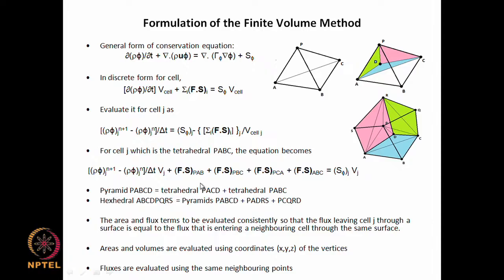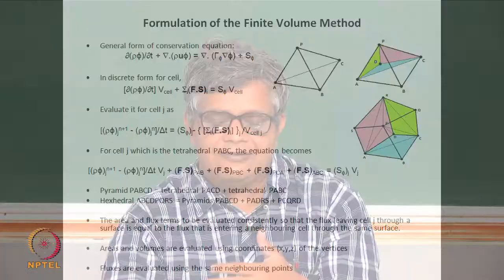And what we mean by consistent is that if there is a joint face, a common face between two cells, then the flux leaving one particular control volume must be the same as the flux entering the other control volume. Okay. So, now how can we make that?